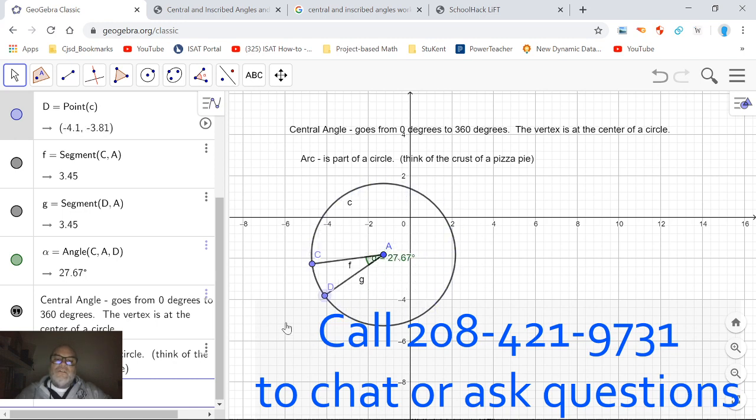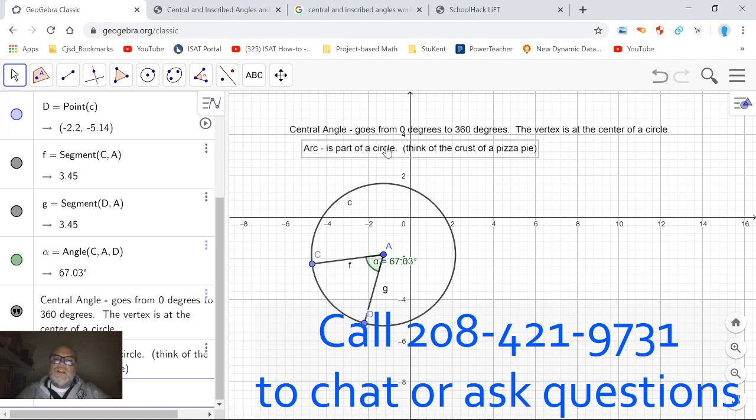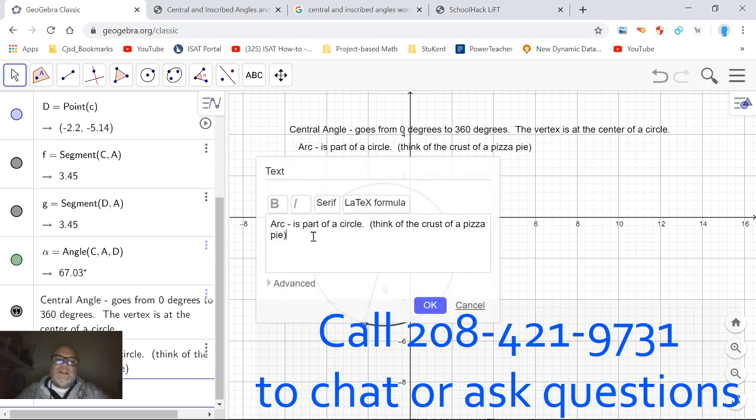So that leads us to something really important: the arc, in terms of degrees, is going to be exactly the same measure as the central angle. This is a really important concept. Let's add that in there: the arc has exactly the same degree measure as the central angle.